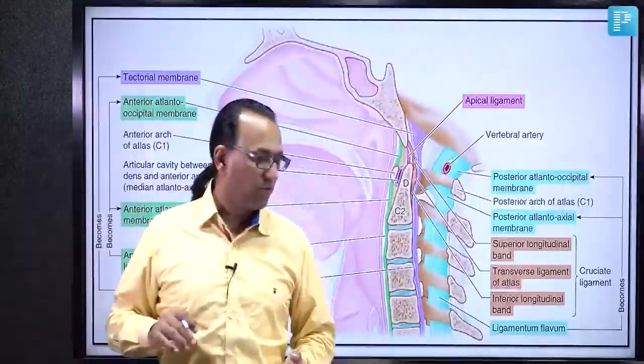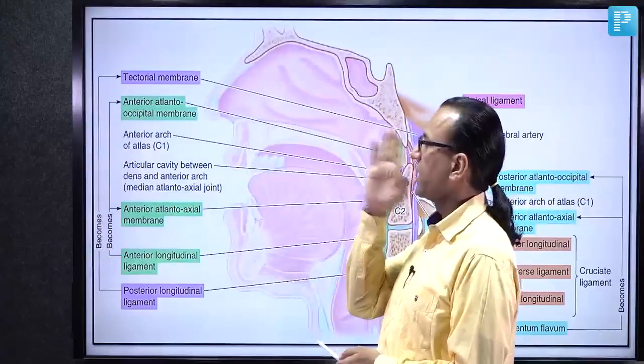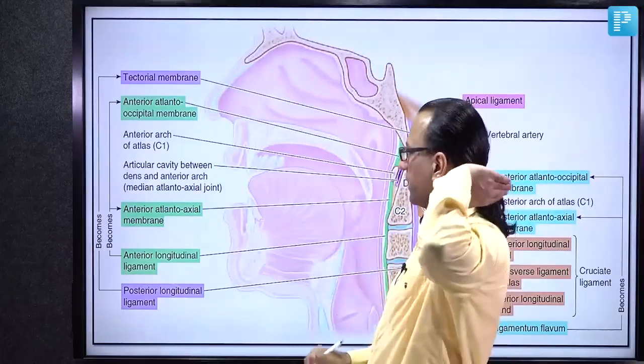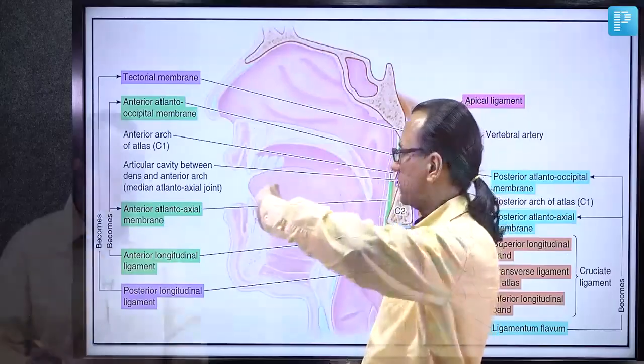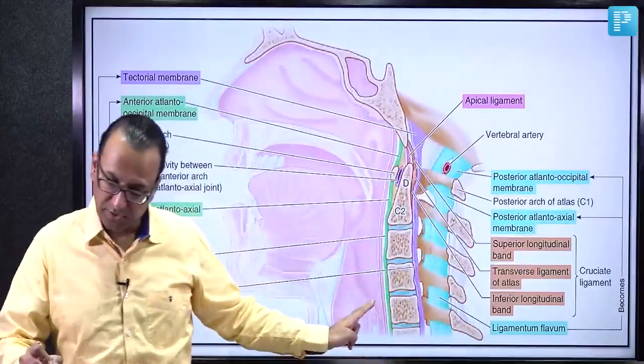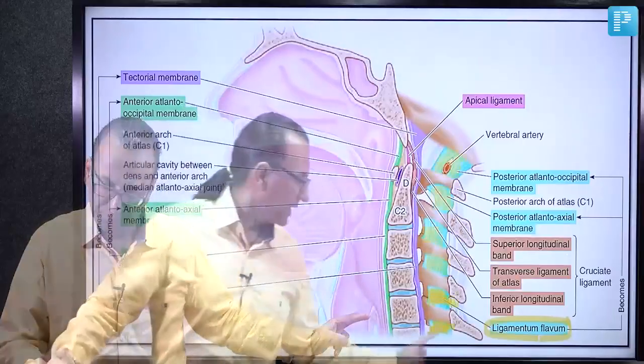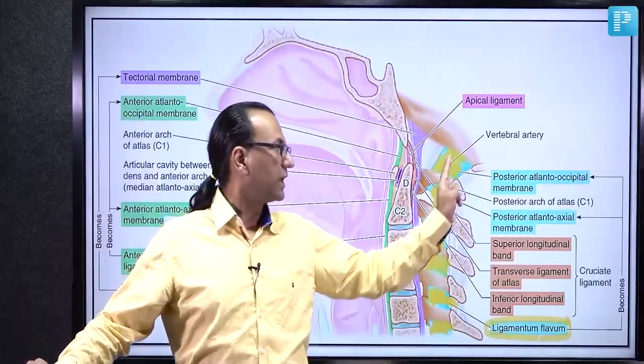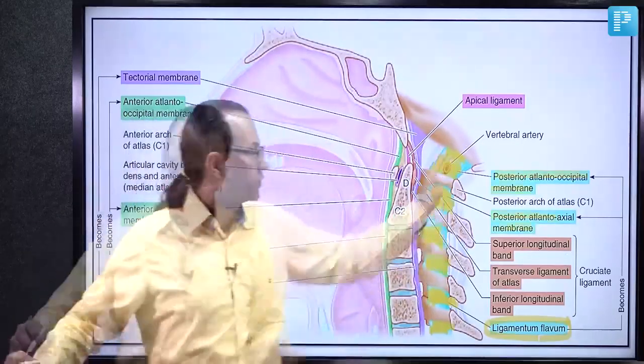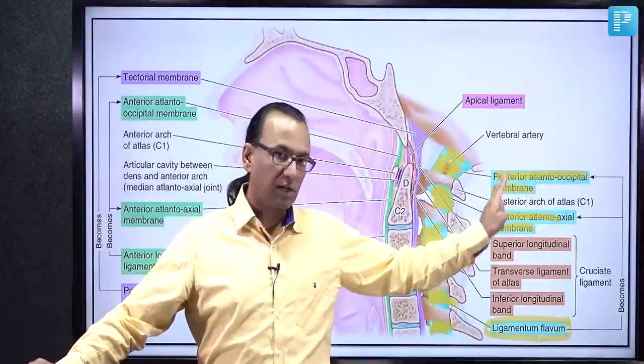Now this is the side view or sagittal section of the head and neck region, and you can talk about those membranes once again, posterior to anterior. As you can observe, this is the ligamentum flavum, which is coming superiorly, and as it comes superiorly, you'll find it has been modified into the posterior atlanto-occipital membrane.